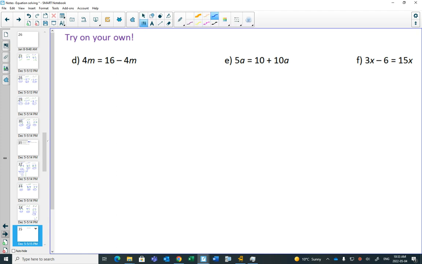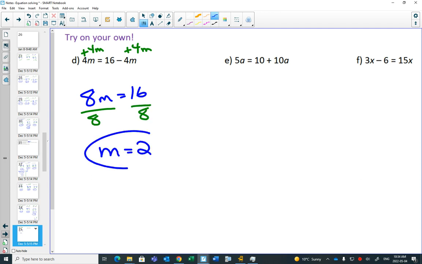All right, I'll put up the answers for this one so you can see how you've been doing. I'd add 4m on both sides to combine those like terms. Five a minus 10a would give you negative 5a.